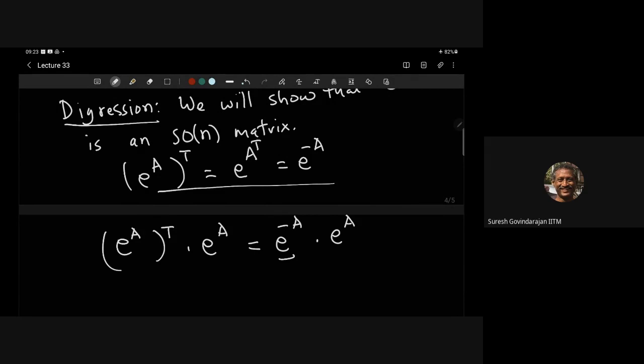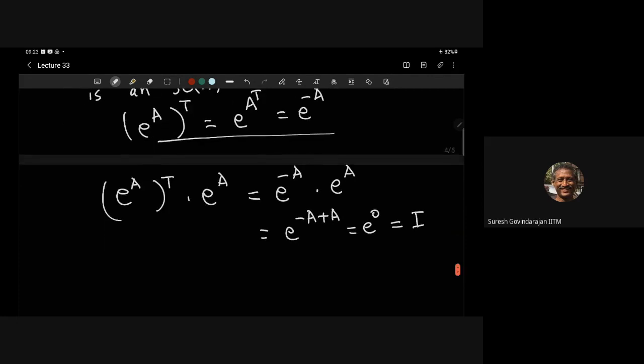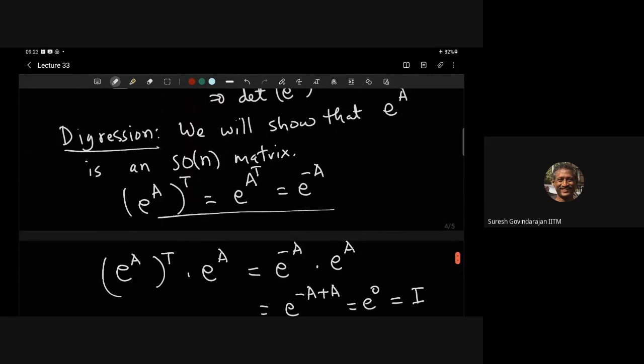What is this equal to? We can use the BCH formula, right? It's e power 0, and e power 0 is the identity matrix. Okay, so this concludes. So we have proved the determinant is plus 1.